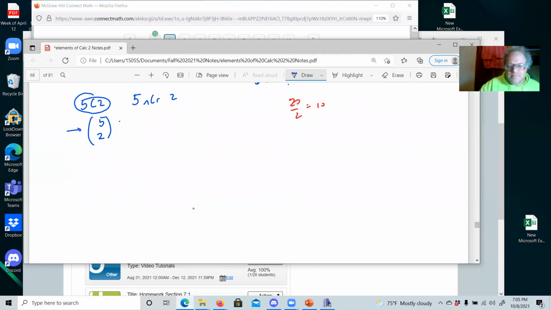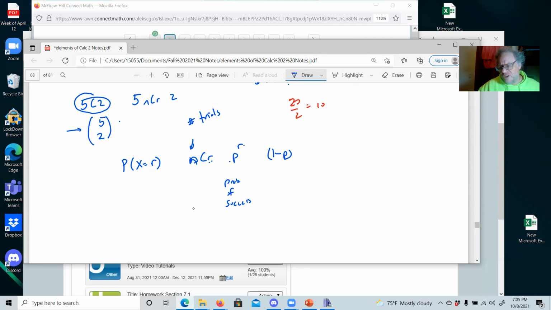So for the binomial, the probability that x equals r is nCr, where n is the number of trials, choose the number of successes you're looking for, times p to the r, where p is your probability of success, times 1 minus p.